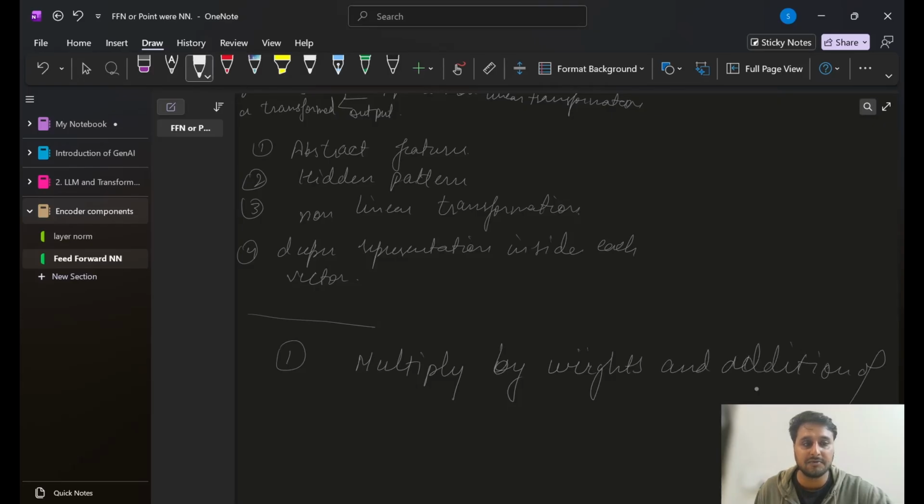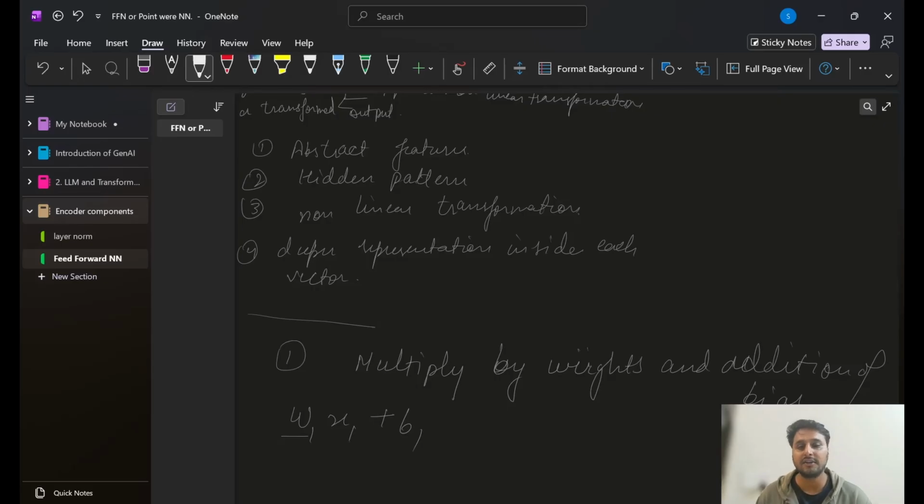Let's suppose x1 is our input value. First we multiply it with a weight. This is a random, learnable parameter that will adjust during backpropagation, during training of the model, and we add bias to it.